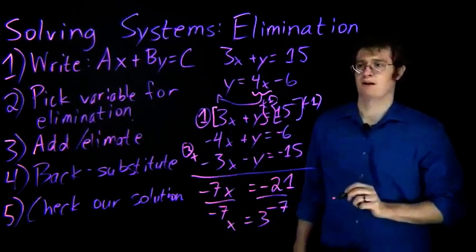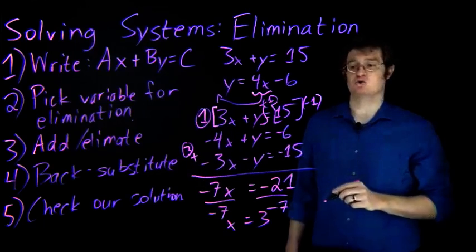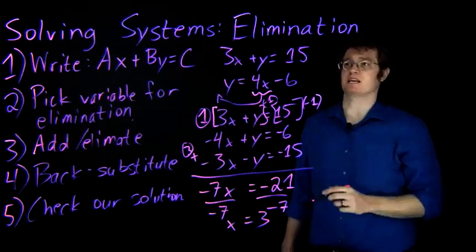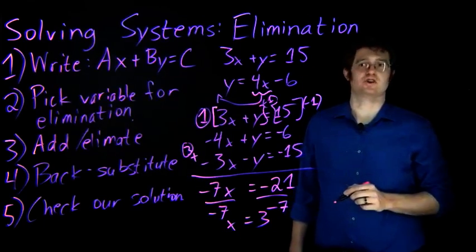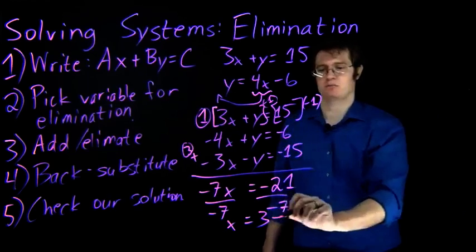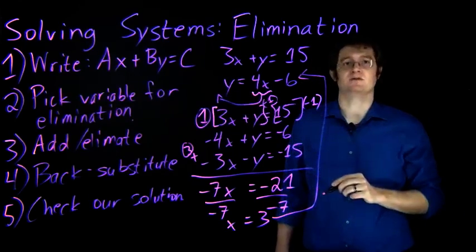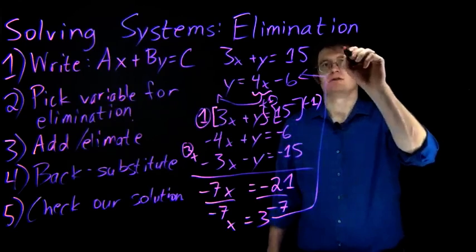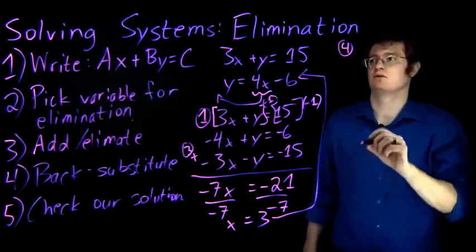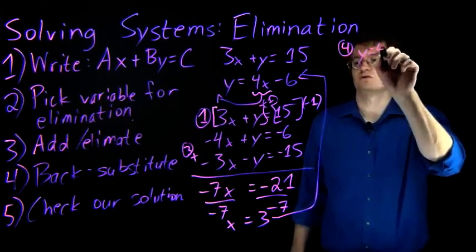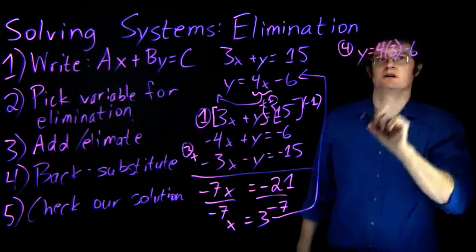Well, now we have to do our back substitution. Take this and plug it back into either of the two equations that you started with. I think for me, I'm going to plug it back in right here, because then I'll have y all by itself right off the bat. So this is step 4. We're checking y equals 4 times 3 minus 6.